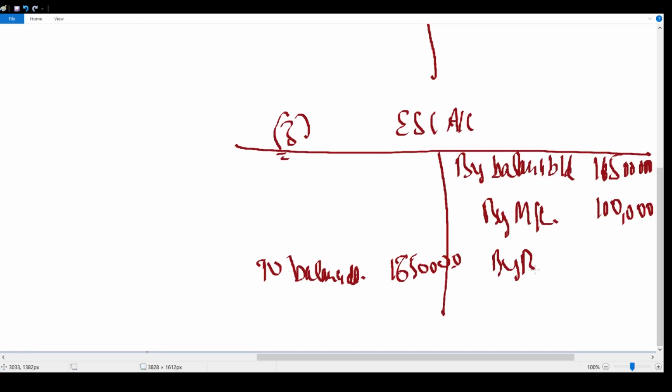By bank would be our balancing figure here. That is issue of new equity shares. The amount is how much? 50,000.